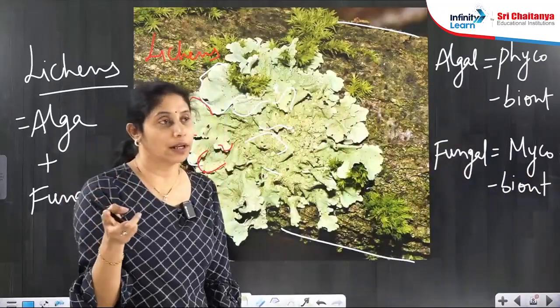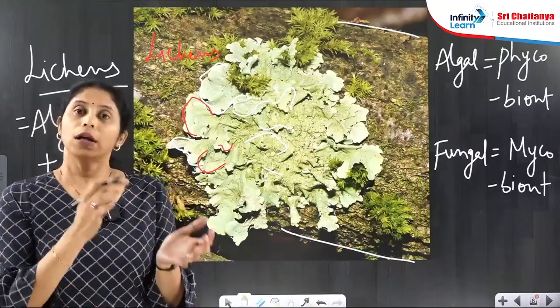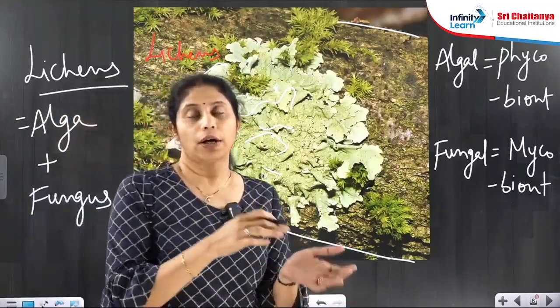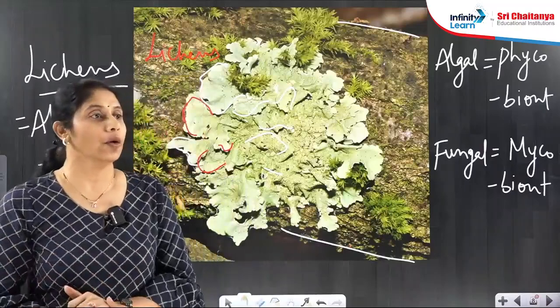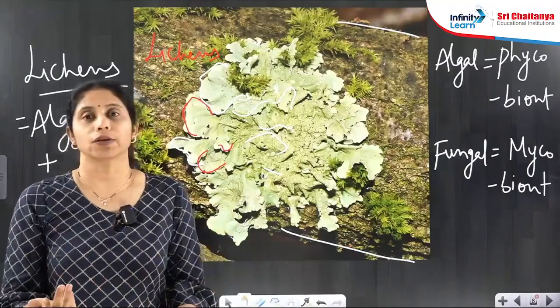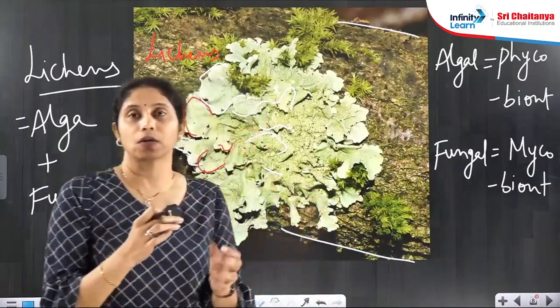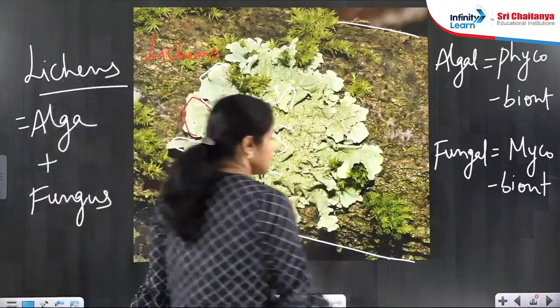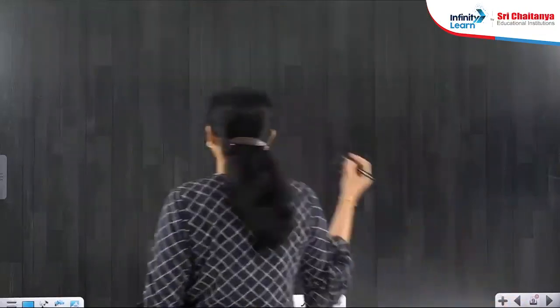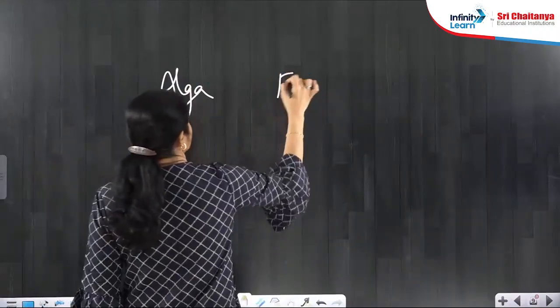Two partners will be there, having the symbiotic association. Algal partner is called phycobiont and fungal partner is called mycobiont. You already know the term mycology, study of fungi. So the fungal partner is called mycobiont and the algal partner is called phycobiont. And these two will have a symbiotic association: one alga and one fungus.